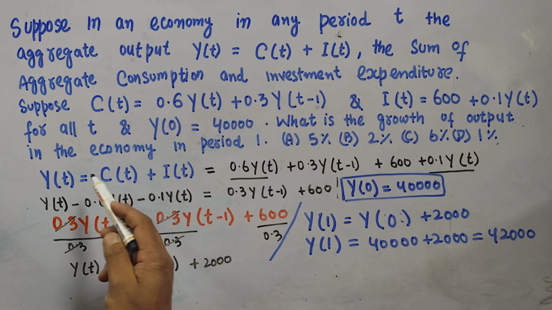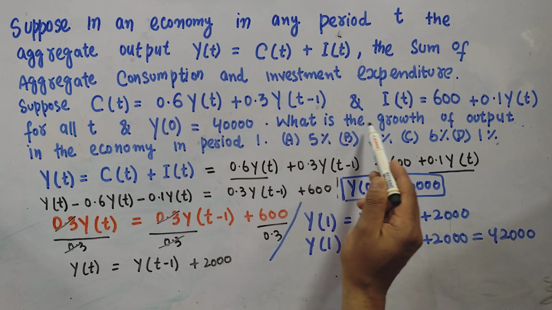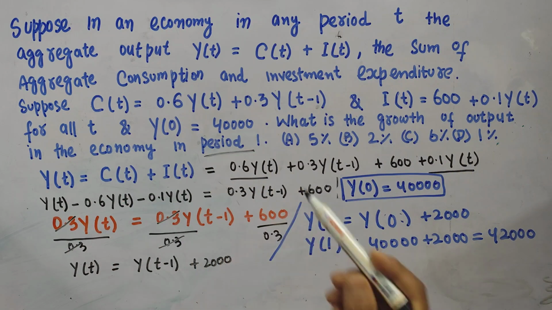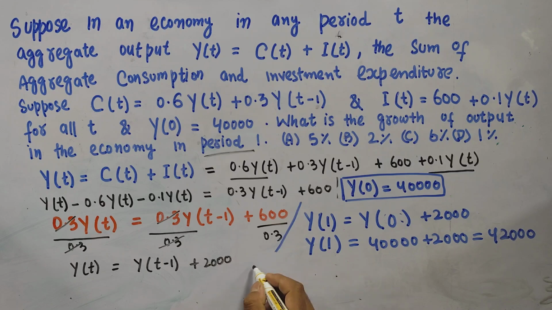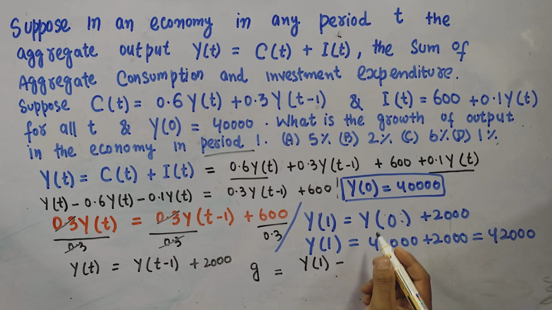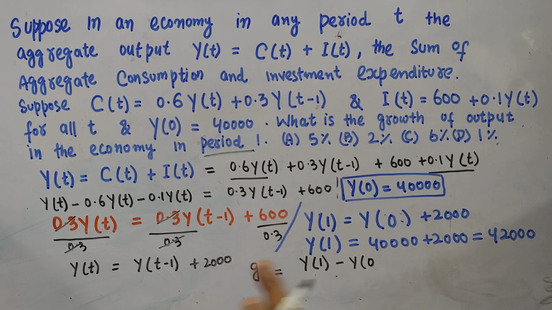The question asks what is the growth of output in the economy in time period 1. Then the growth rate of output in time period 1 will be equal to the output in period 1 minus the output in period 1 minus 1, that is in the preceding year.